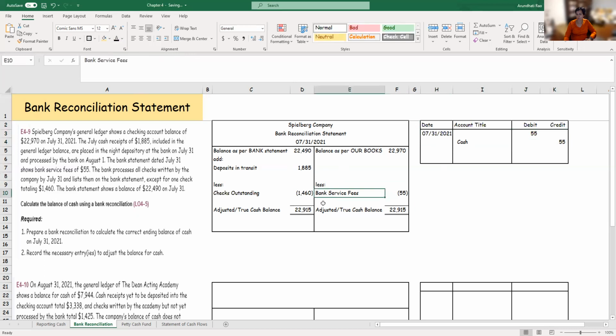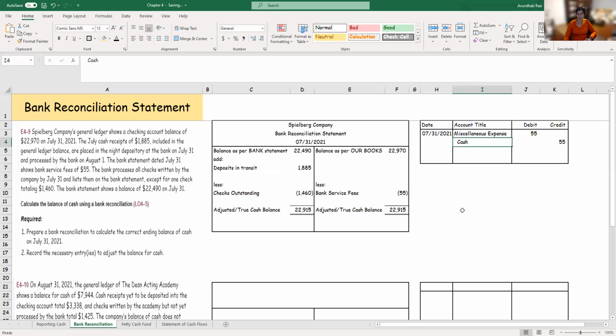Either you could debit bank service fees, or it's very common for smaller amounts, miscellaneous expense is going to be debited. Operating expense or miscellaneous expense, as long as you debit an expense, we're fine, because that takes the effect of saying this is a bank service fee. It's an expense which goes into the income statement, and my cash decreases by $55.